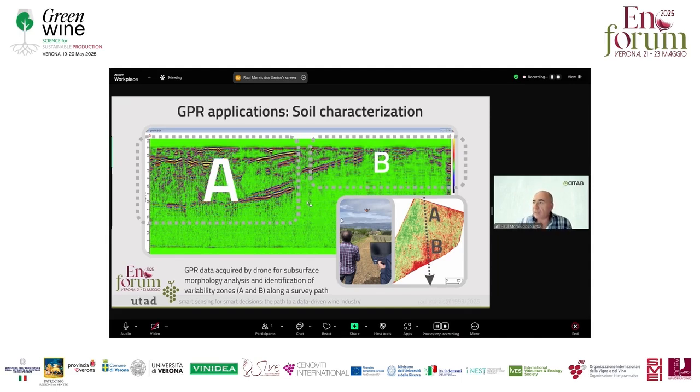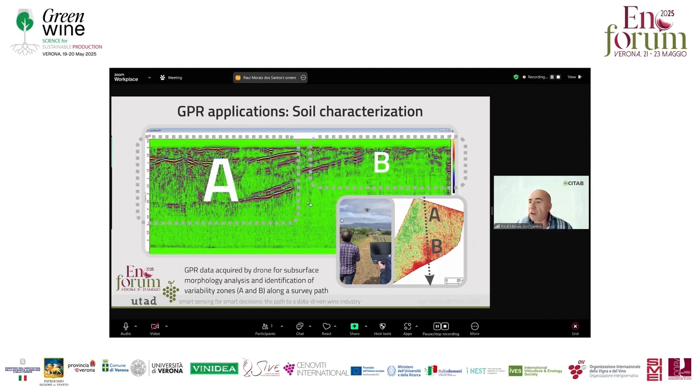And as you can see, on the right side, you have the trajectory of the GPR from A to B, and you see the soil profile to the depth of 5 meters, and you can clearly see and understand why zone A has more vigor than zone B.